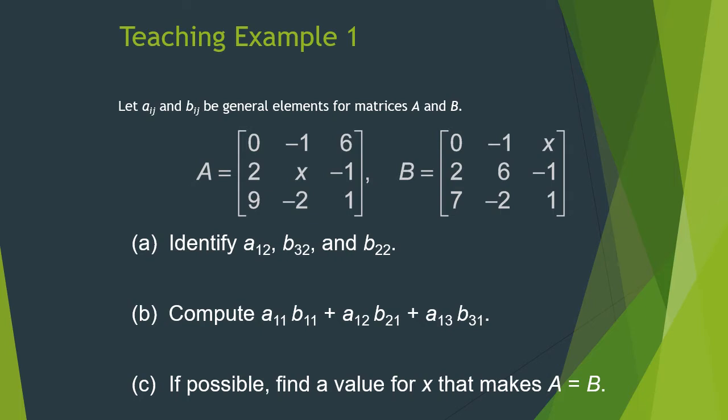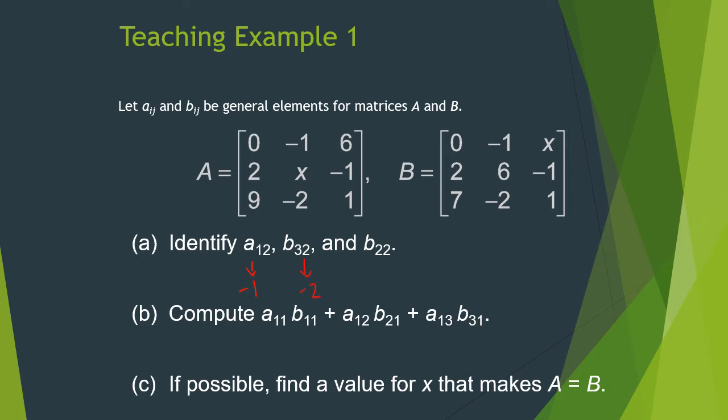Element A12 would be -1 because it's in row 1, column 2. This one says identify B32. So I'm going to go to matrix B, row 3, column 2, which is -2.